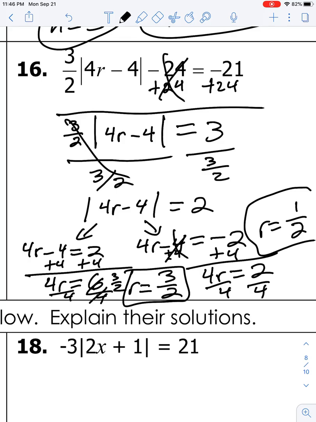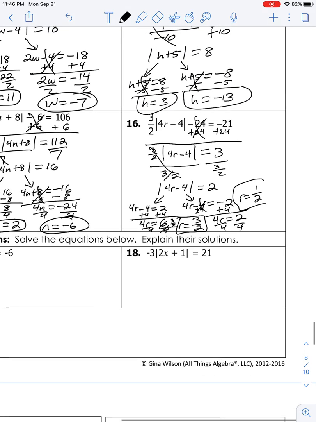So yes, you can get fraction answers on this. A lot of times they're not really tough fractions, but you can get a fraction answer, and you can obviously get a fraction answer for both of them.